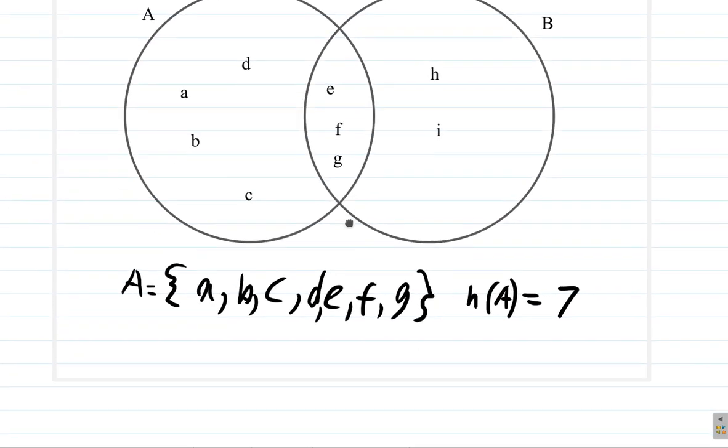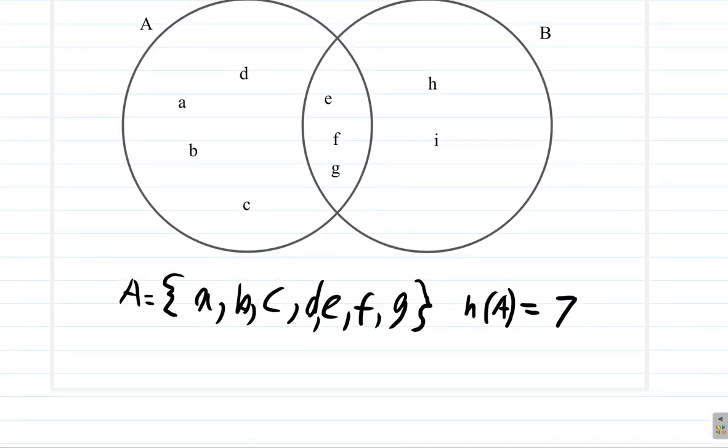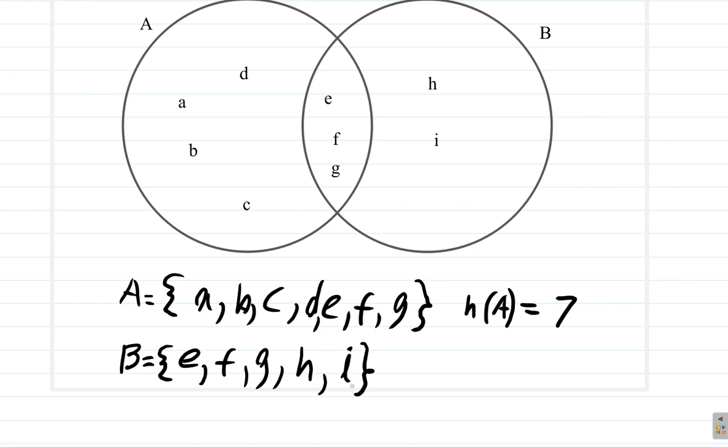What's the number of elements in B? What are the elements first of all? B is the set E, F, G, H, I. Alright.